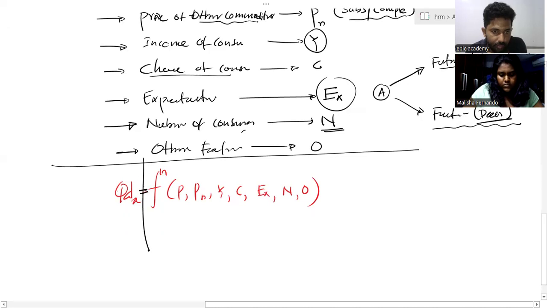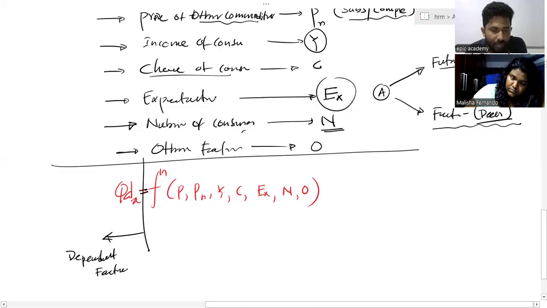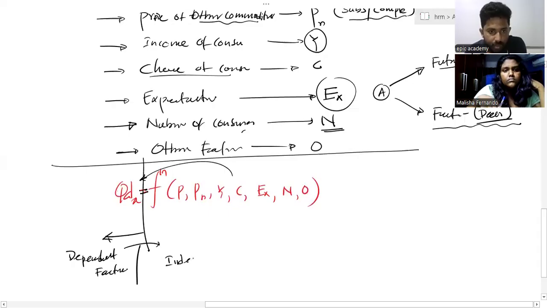In this equation, the left side represents the dependent factor, because the quantity of demand depends on those factors. That is why we call it the dependent factor. Okay. So the other factors, we call independent factors.